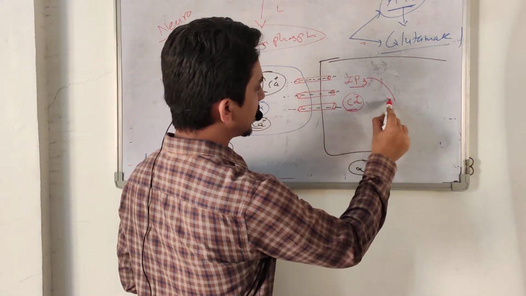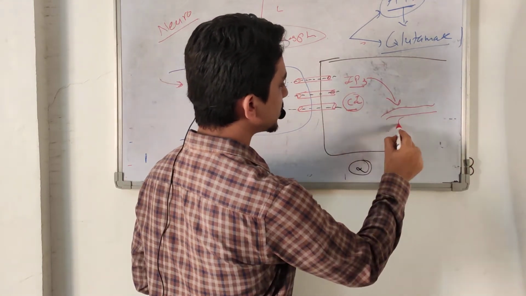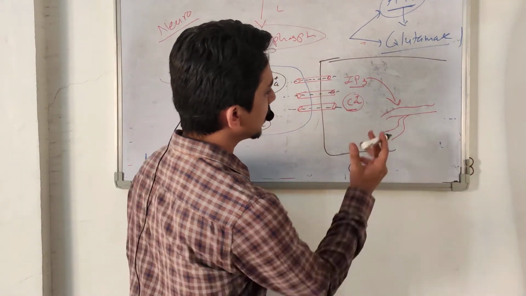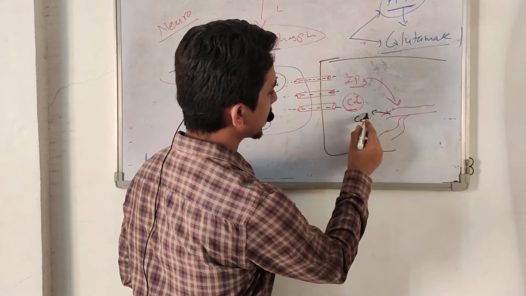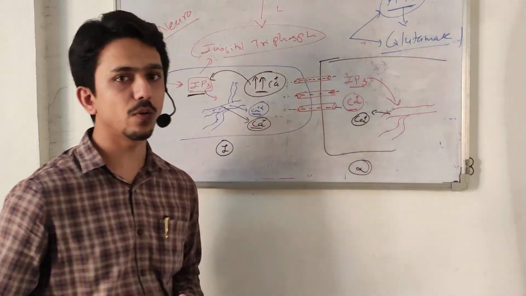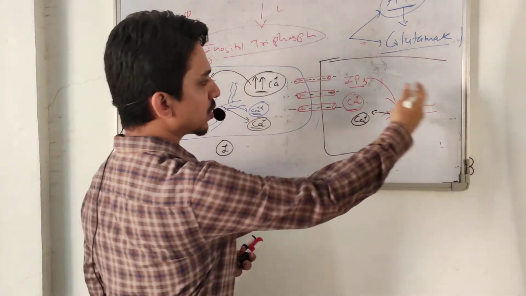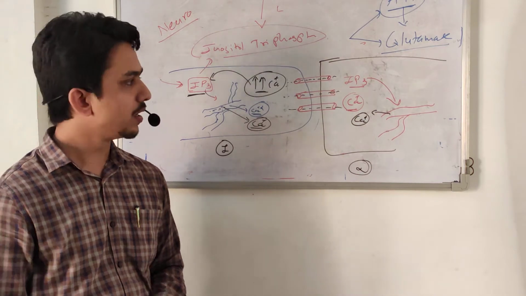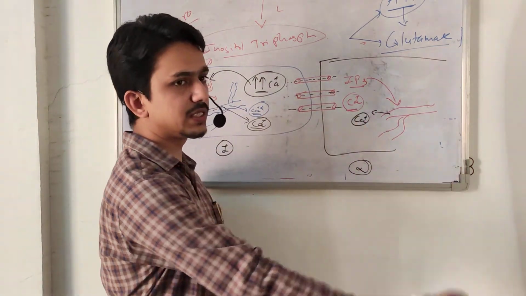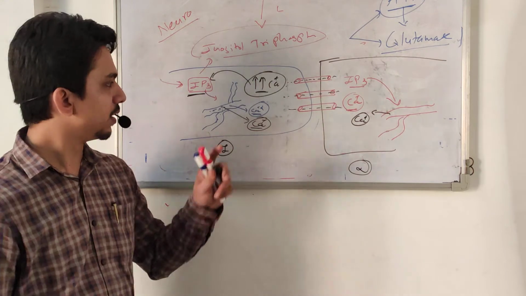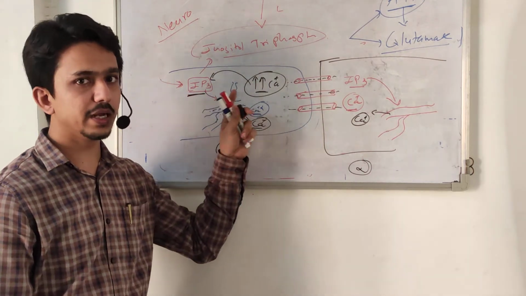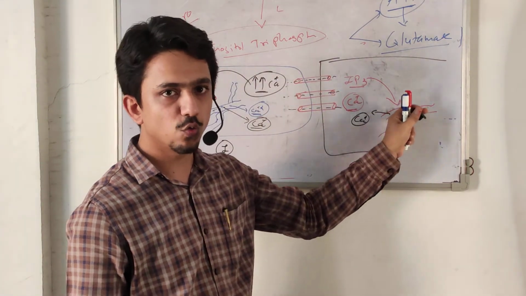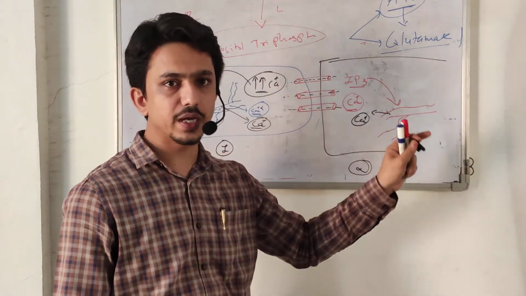This IP3 also stimulates the endoplasmic reticulum of this cell, and ultimately they also increase the calcium level, more and more calcium oozing out from the endoplasmic reticulum, and further going on up to the terminal. By this way they communicate from one cell to another. They are stimulated, they produce IP3, intracellular calcium level rises, and this IP3 and calcium stimulate the next cell further.